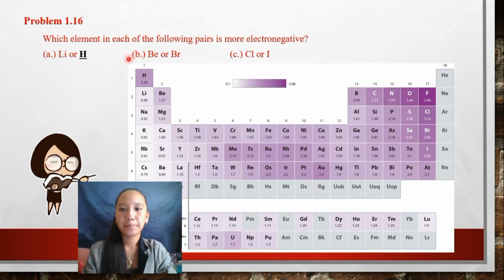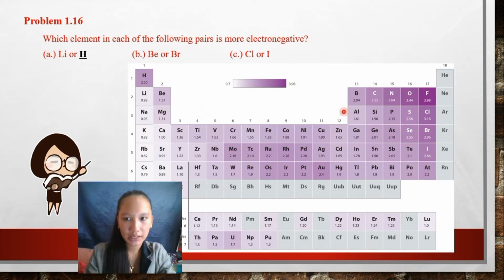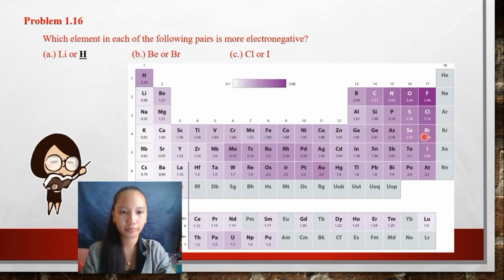Letter B, Be or Br. In our table again, we have Be and Br. Br's electronegativity value is 2.96 and Be's electronegativity value is 1.57.